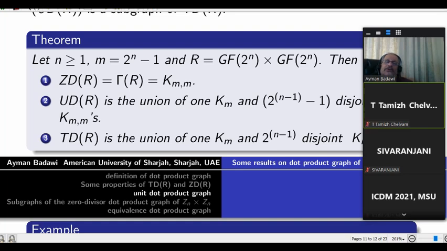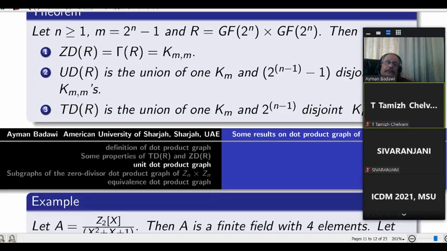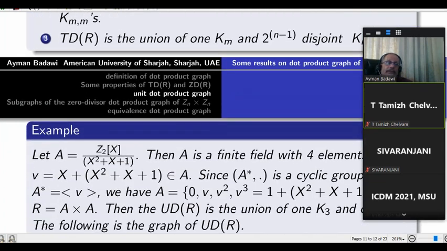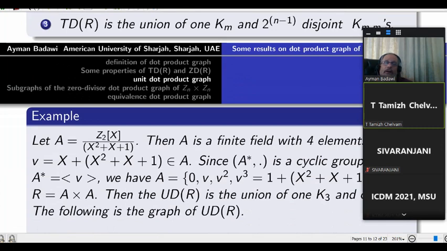This is a special case. In fact, we have results when the characteristic is not 2, but characteristic 2 is a special case. Can you hear me? I am hearing you. Please continue.